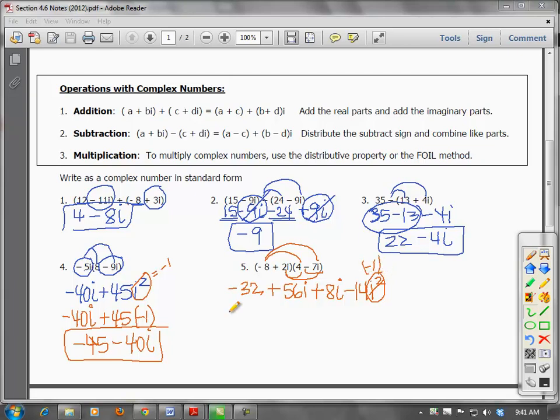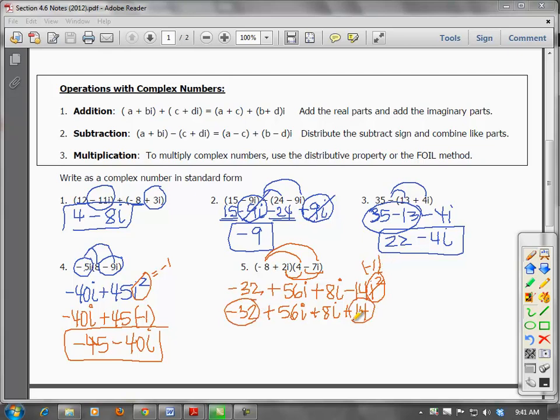So I have, and now I'm going to write it over again. You might not need to, but I'm going to. So negative 32 plus 56i plus 8i plus 14, because I have a negative 14 and a negative 1, which turns it to positive. Now I'm going to combine my like terms.